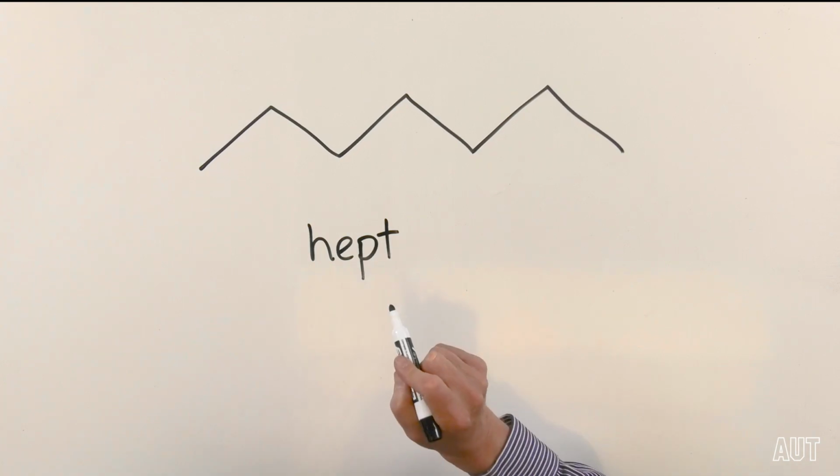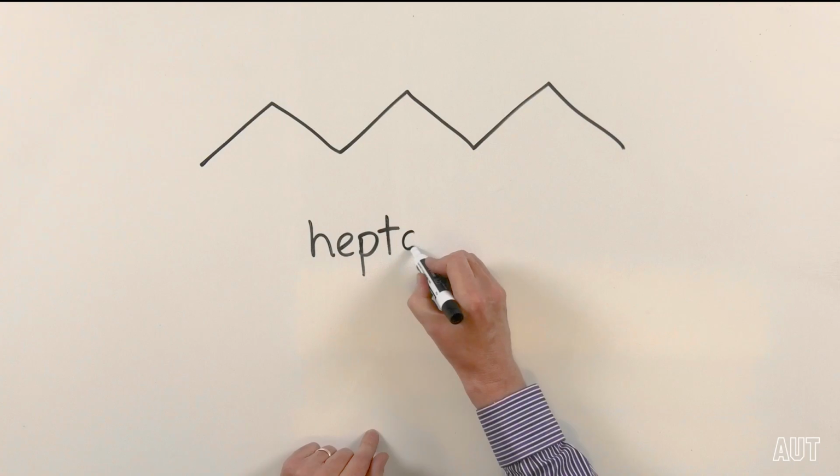There's hept. Now, the other important thing when it comes to naming organic compounds is the type of organic compound that you've got. We'll see what that means in later videos, but suffice it to say at the moment that this particular organic compound only contains carbons and hydrogens, and all of the bonds in this molecule are single bonds.